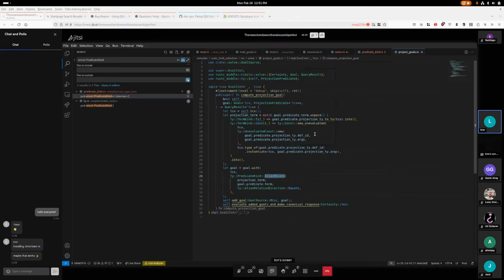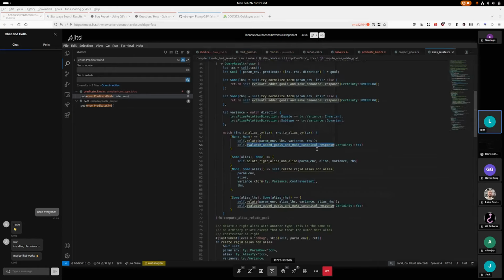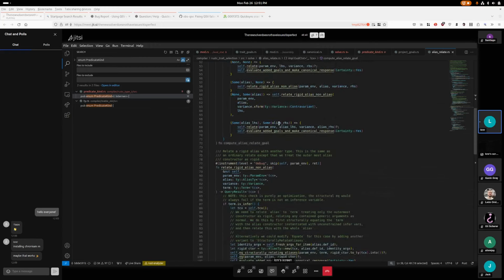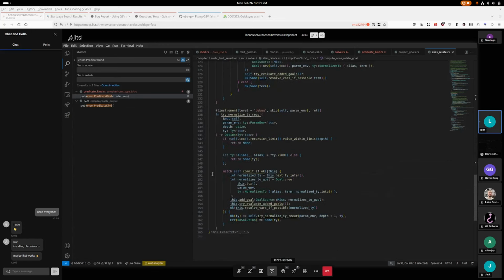Alias relate is used to structurally normalize types. So if we look at the impl of alias relate, it is structurally normalized term, which there it is, recursively uses normalizes to.